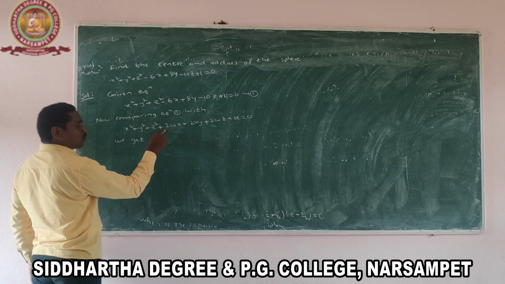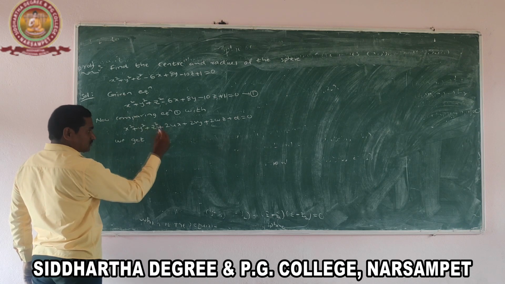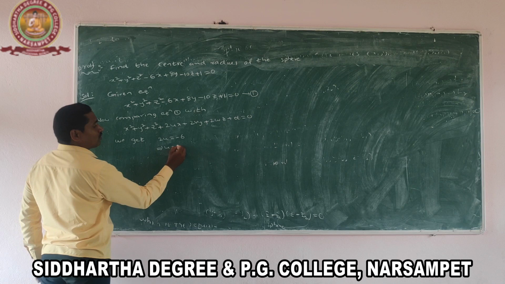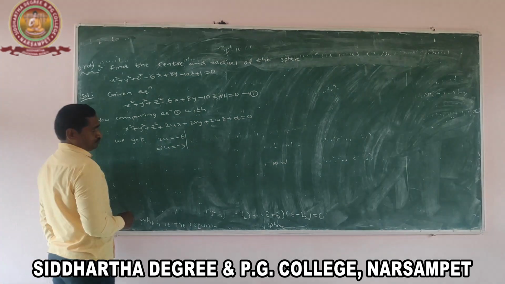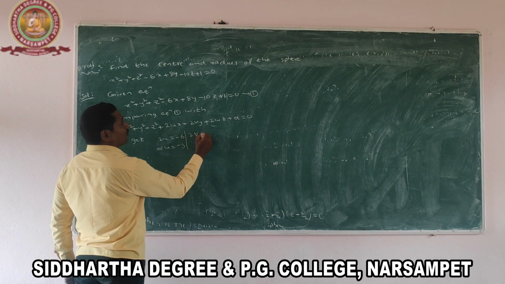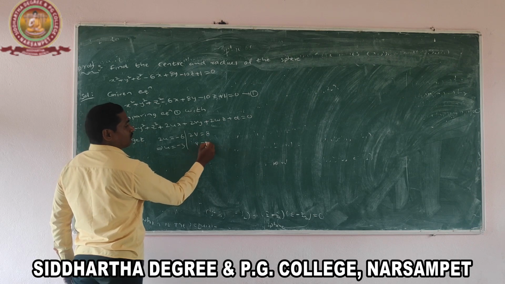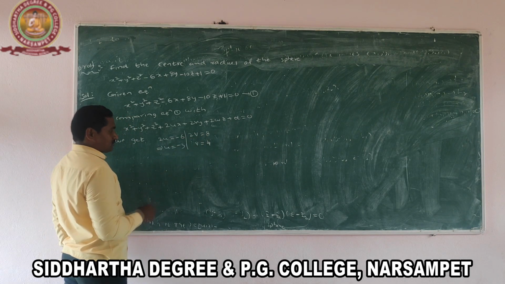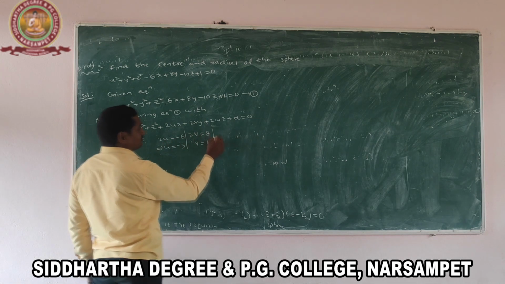It means 2u equal to minus 6. From there u equal to minus 3. Here 2v equal to 8. From there v equal to 4.